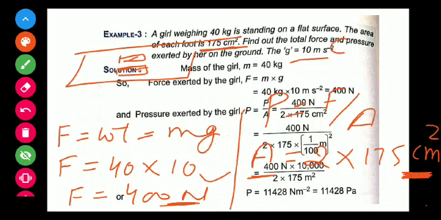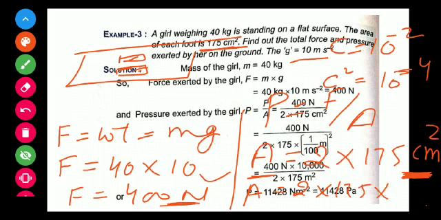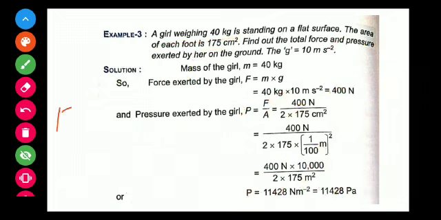What is the value of c? Value of c is 10 to the power minus 2. What is the value of c square? Value of c square is equal to 10 to the power minus 4. So, therefore, area is equal to 2 into 175 into 10 to the power minus 4 meter square. In this case, force is 400 Newton.